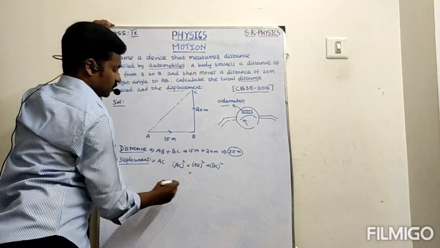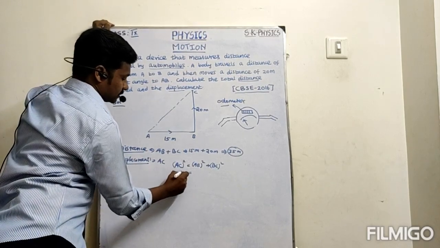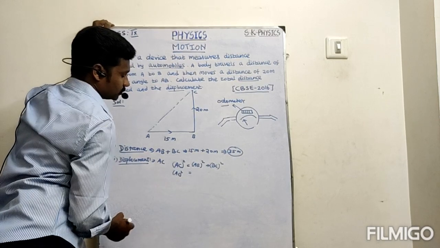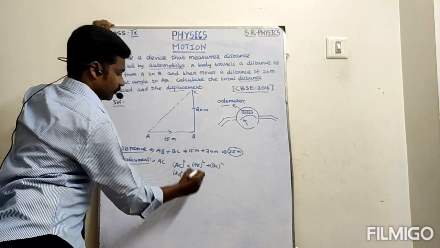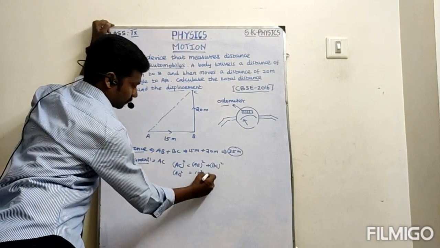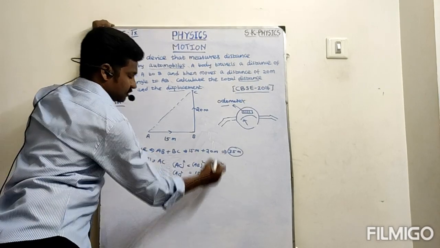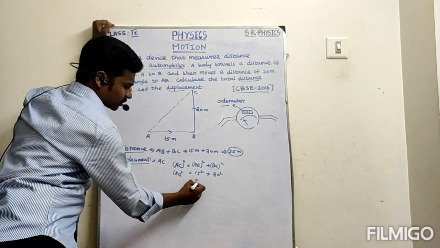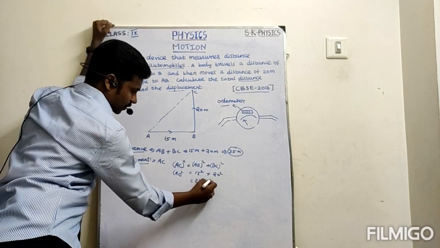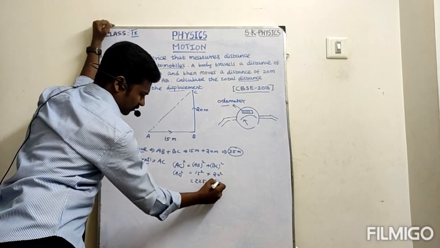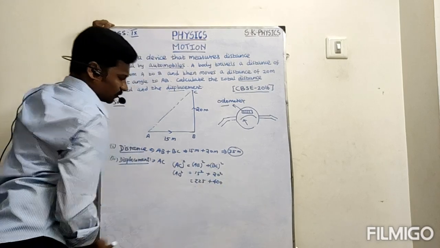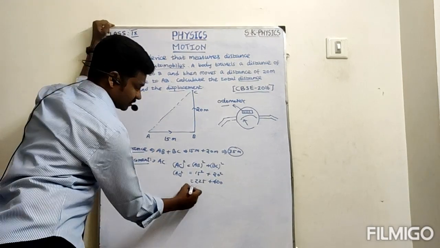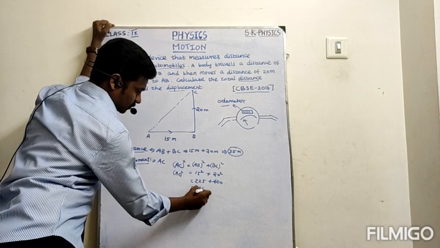Now AC square is equal to AB square. AB value is 15, so 15 square, plus BC square. BC value is 20, so 20 square. 15 square is 225. Then 20 squared is 400. So 400 plus 225 is 625.